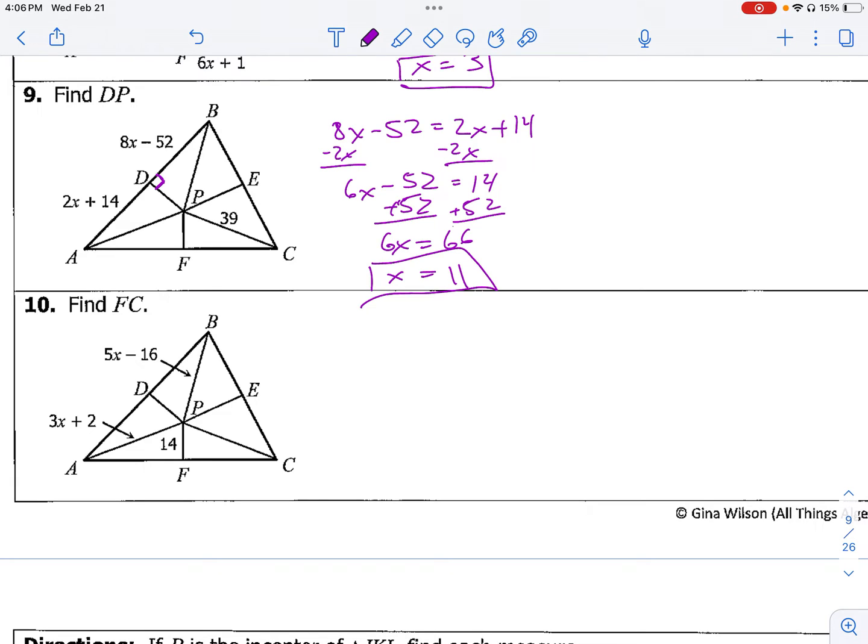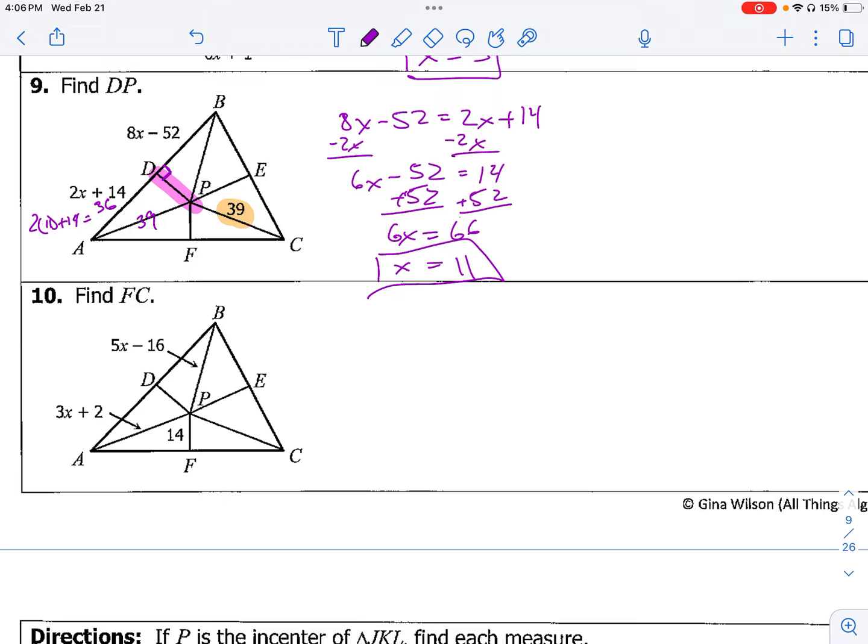But we want to find DP here. We don't have a formula for that. But we do have this guy right here is 39. So that means this has to be 39. So 2 times 11 plus 14 equals 22 plus 14 equals 36.